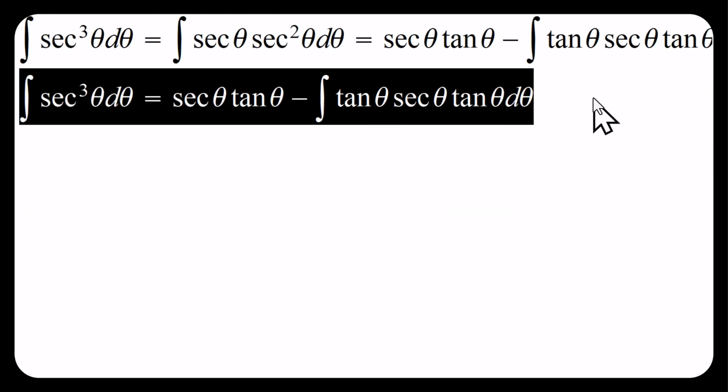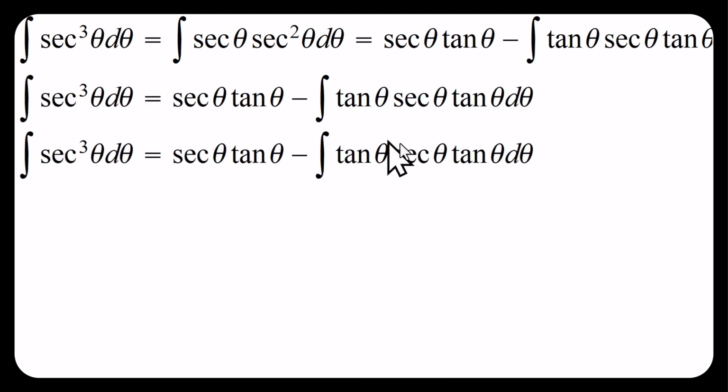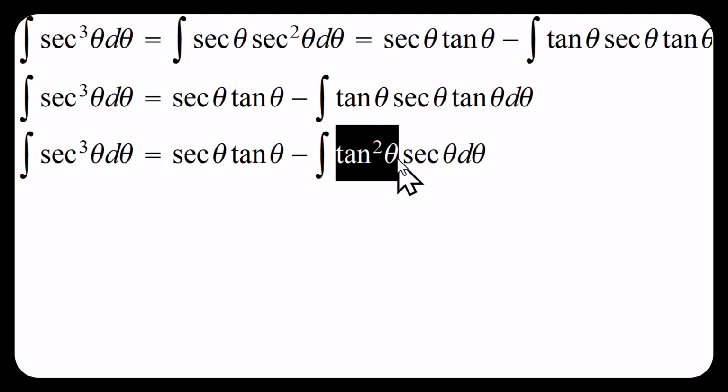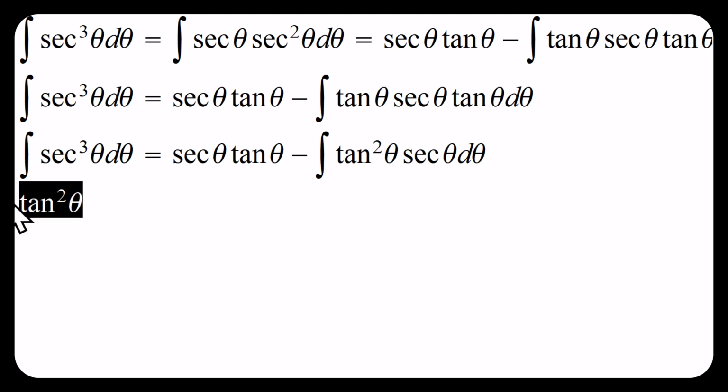All right, so what do we have here? Let's work on this as diligently as we can, and then see if it works out or doesn't. So we got this tangent square theta, secant theta, d theta. At this time, the only choice that is coming to my mind is to use one of the identities that we had worked with before and change the tangent square theta to secant square theta minus 1.